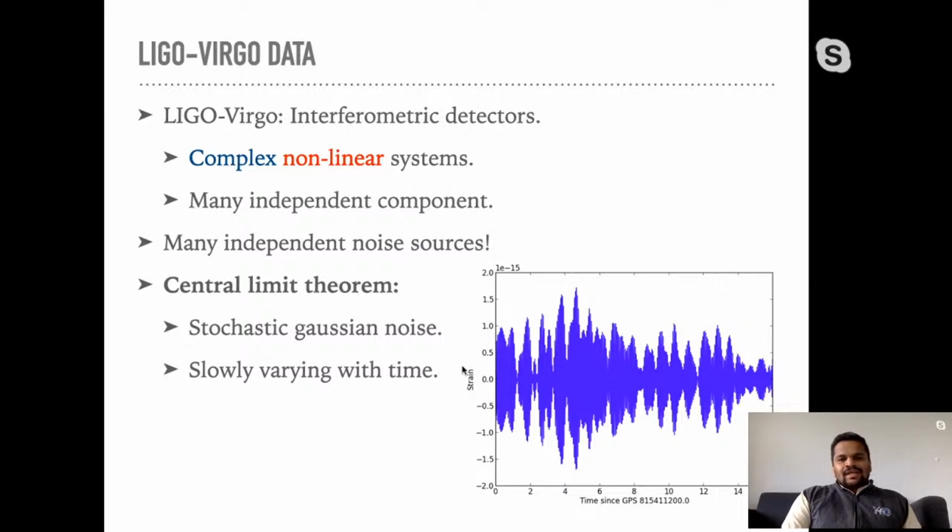Then there are trains, fracking, mining. Those things happen around the detector. Everything contributes to the noise, which we call anthropogenic noise. But because these components are independent, using the central limit theorem, we can approximate this noise as Gaussian noise.